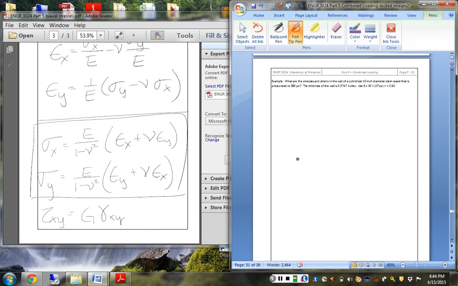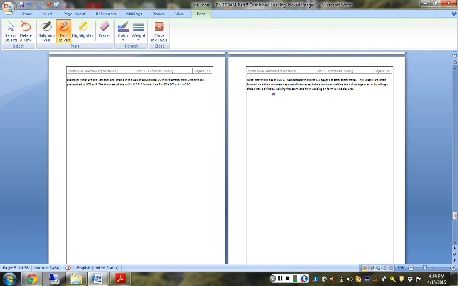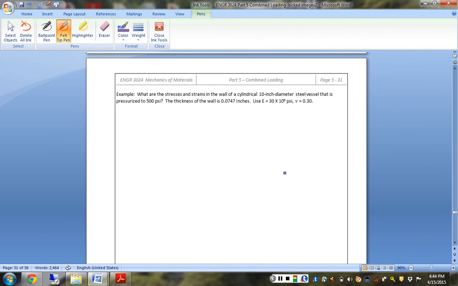What are the stresses and strains in the walls of a cylindrical 10-inch diameter steel vessel that is pressurized to 500 psi? Use 30 million psi modulus and 0.3 for the Poisson's ratio. So what do we know? We know that P equals 500. Our axial stress formula is PR over 2T.